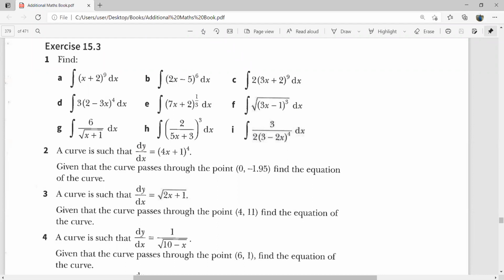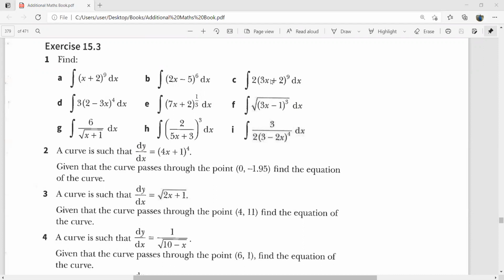Secondly, there is a limitation on the expressions inside these brackets. Can you tell me what you notice about these expressions? Yes, they are all linear expressions.